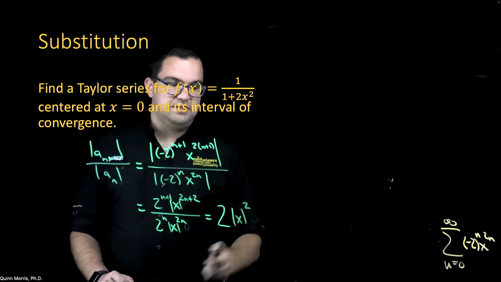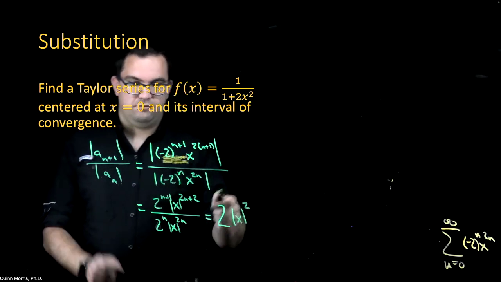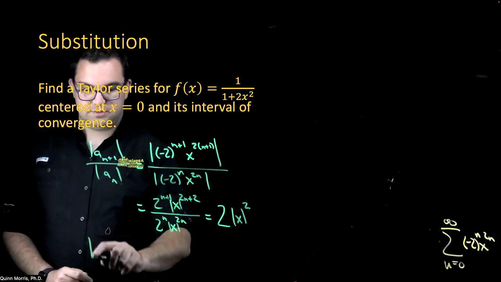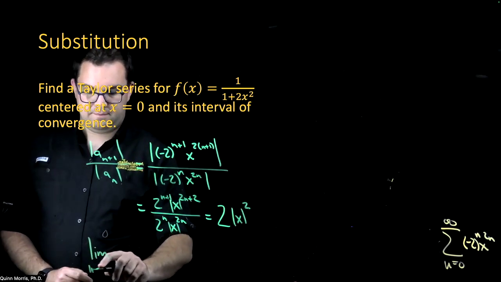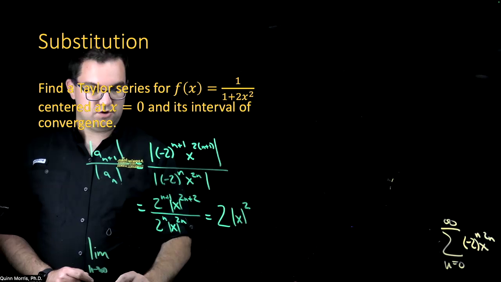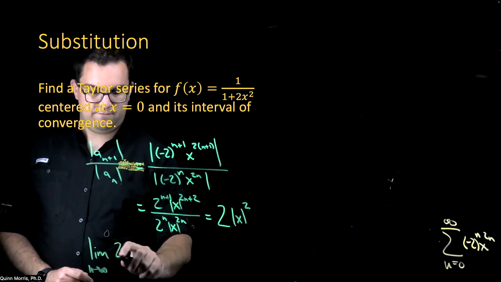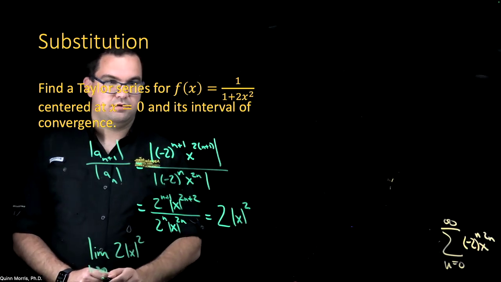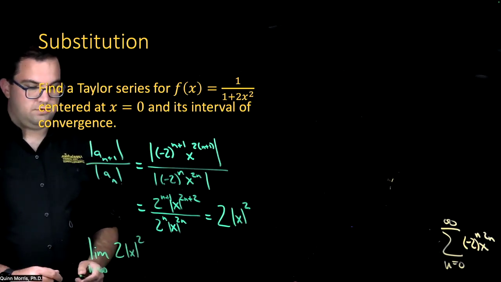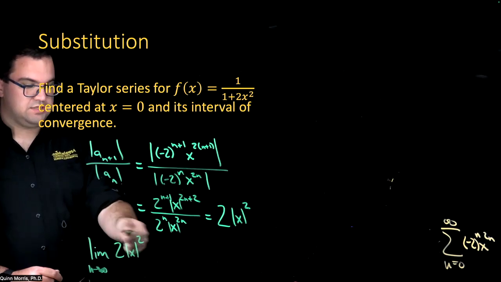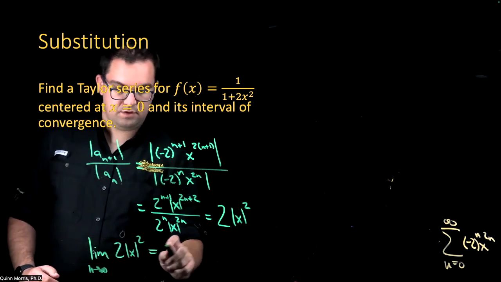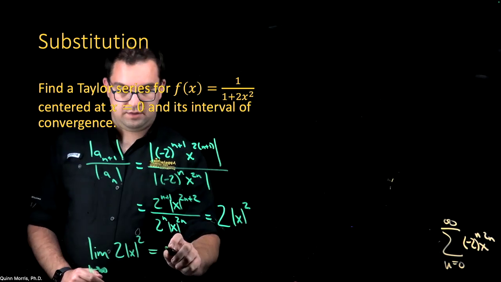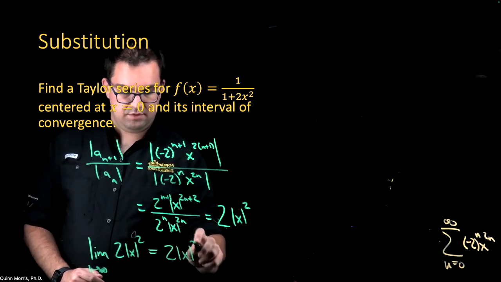Now, this is the ratio of the consecutive terms. Now I need to look at the limit as n goes to infinity of this ratio. But now notice that this ratio does not depend on n. This is a constant as far as n is concerned. And so this limit will just be this.